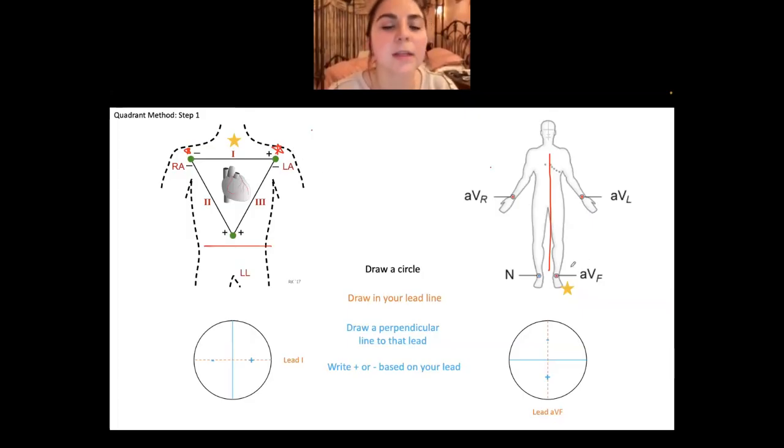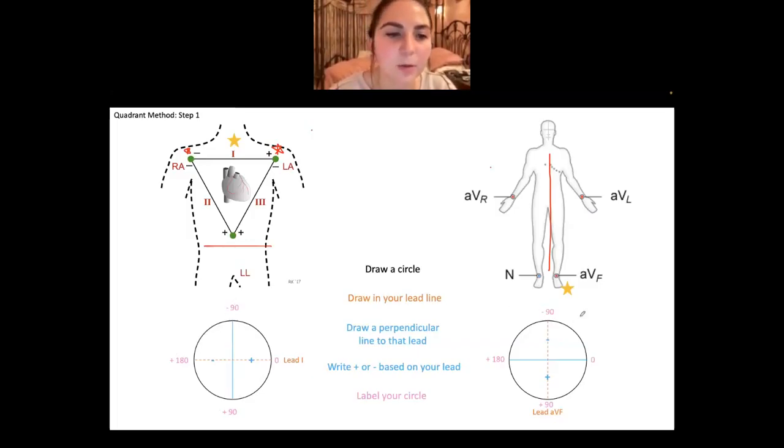And then based on the lead, because lead 1 is a bipolar lead and AVF is unipolar: with the bipolar lead, lead 1, the negative sign is on the left side and the positive side is on the right side. Over here, there's technically not a negative side, but the positive side's on the bottom. So we have positive and negative, okay?